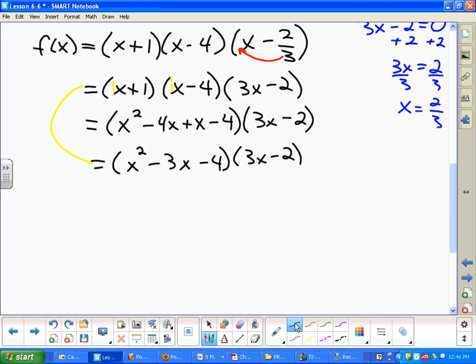I'm going to line things up vertically. So when I multiply both of these by x squared, I get x cubed minus 2x squared. Negative 3x times 3x is negative 9x squared. Negative 3x times negative 2 is plus 6x. So all I'm doing is, I like having my like terms vertical of each other, so it's easier to combine them, and so I'm going to write it that way.